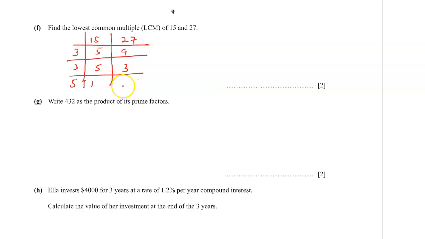Therefore, this gives you 1, 1. So the LCM is 3, 3, 3, and 5. 3 cubed times 5. This gives you 27 times 5, which is 135. So the LCM is 135.